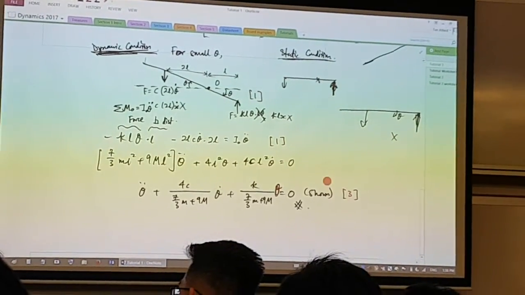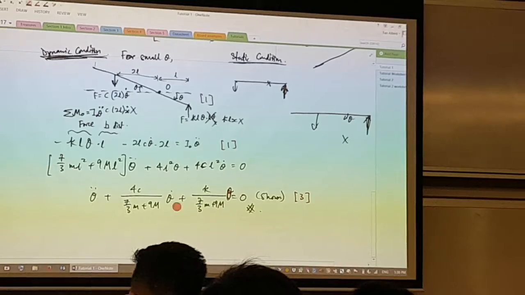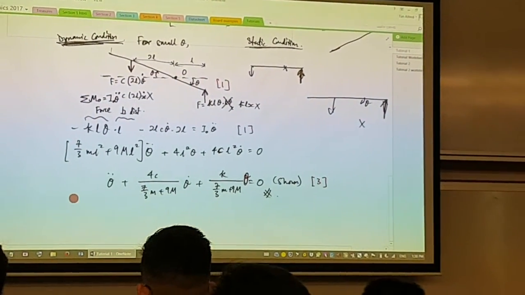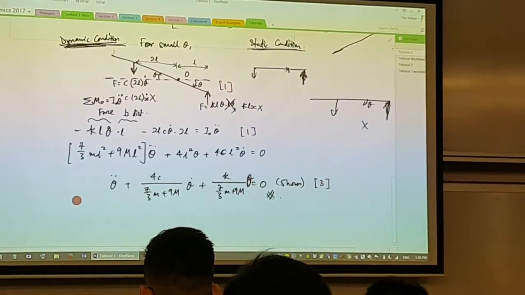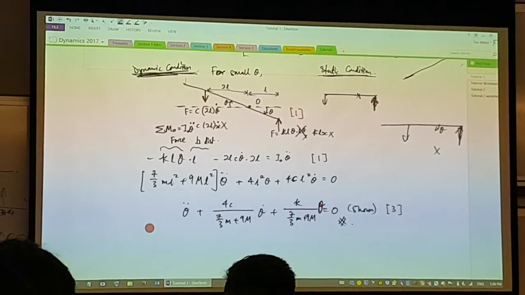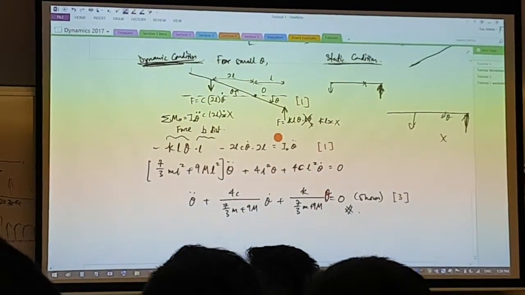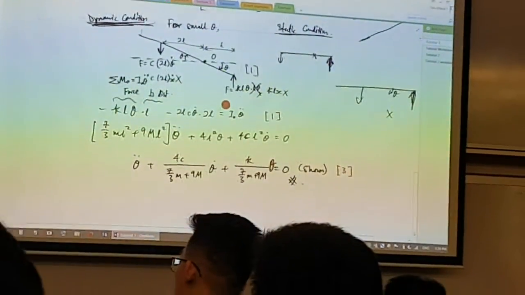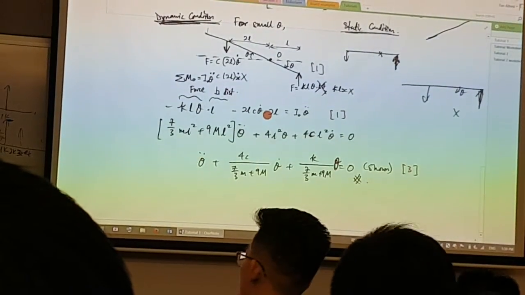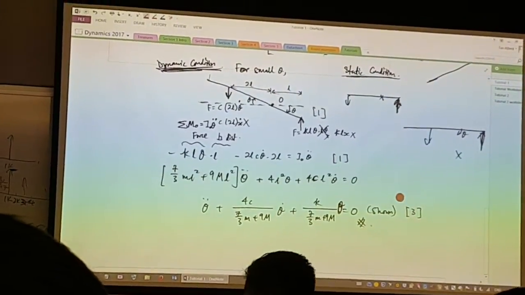So you lose all marks, because you can't write down what is already in the question paper and say, show it. I've also seen students that wrote this down first and then try to work backwards. I can see that because you wouldn't have the expanded terms. So those will lose the mark.